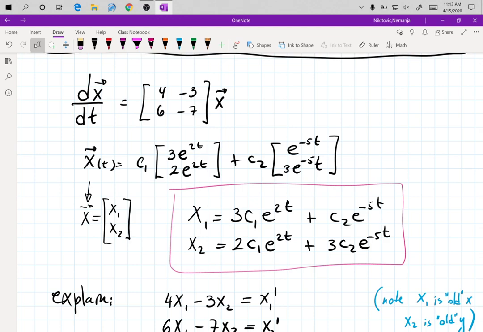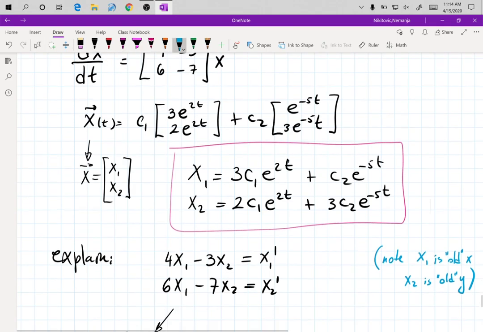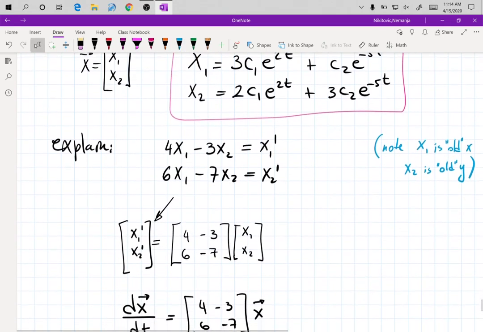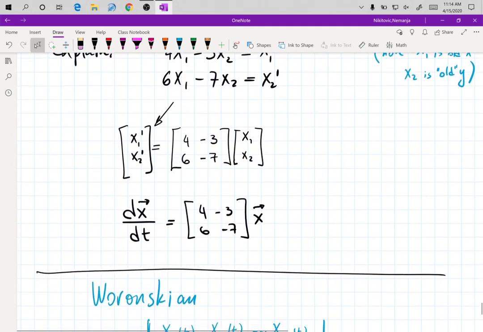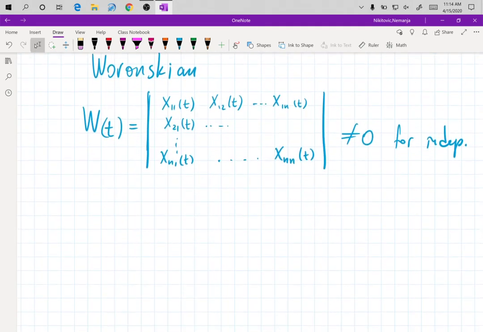This was the way to write the solution in terms of the column vectors. So if we have the x1 solution as a vector and the x2 solution as a vector, we can multiply those by constants c and get our x1 and x2 solution written out, and check the independence of solutions using the Wronskian, just like we always did.